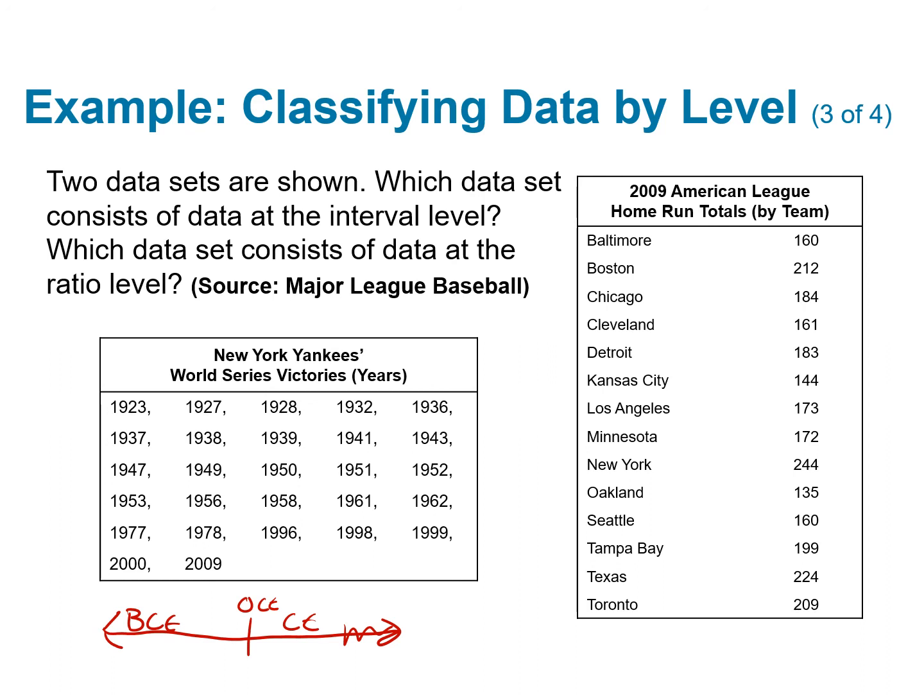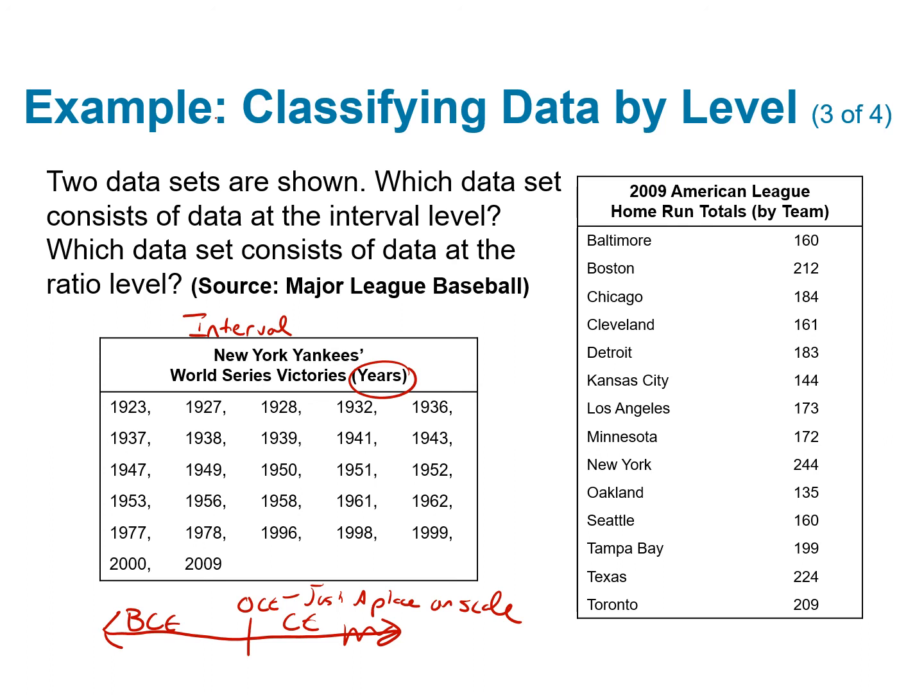But the idea is, think about what you're measuring in. In this case, we're measuring in years, so actual physical years. And so we know we could potentially have the year 0 Common Era. Because 0 in this case does not mean none, it's just a place on the scale, that means New York Yankees World Series victory has to be the interval level of measurement.